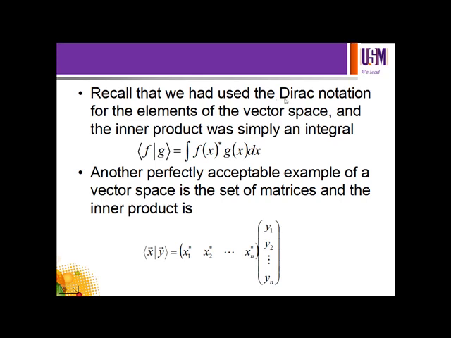Recall that we had used the Dirac notation for the elements of the vector space, and the inner product was simply an integral like this. This segment is to recall and revise what we had used. For an inner product between two functions f and g, it is an integration of the conjugate of f multiplied by g dx.